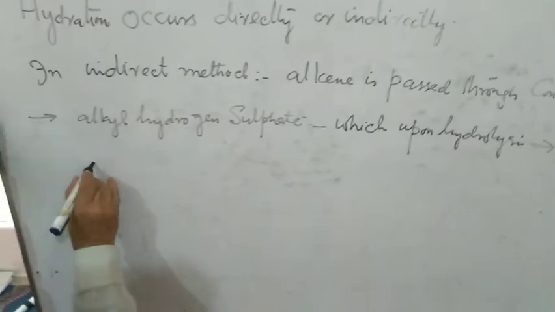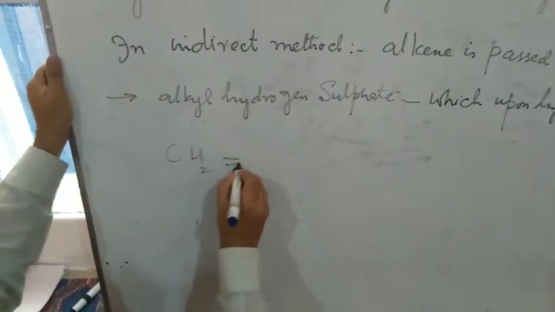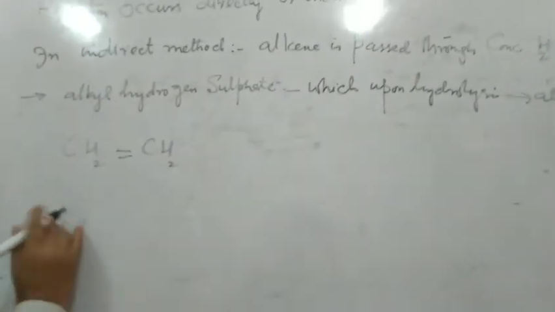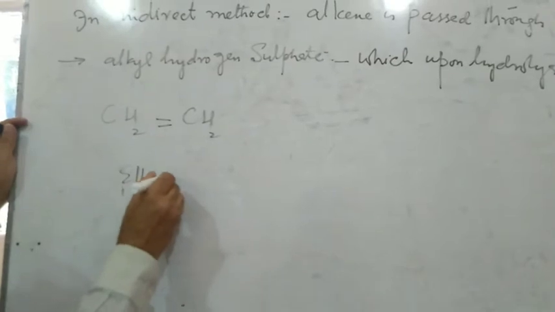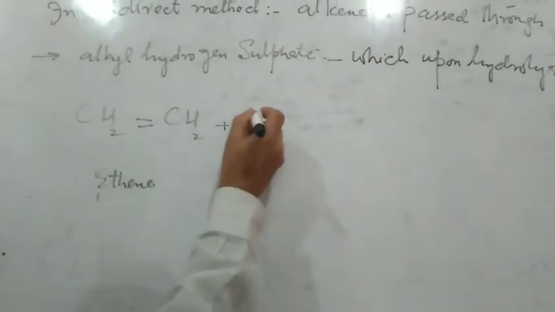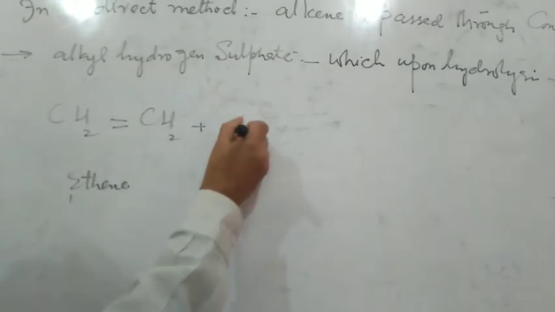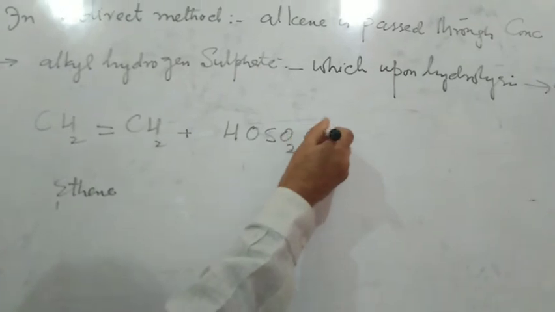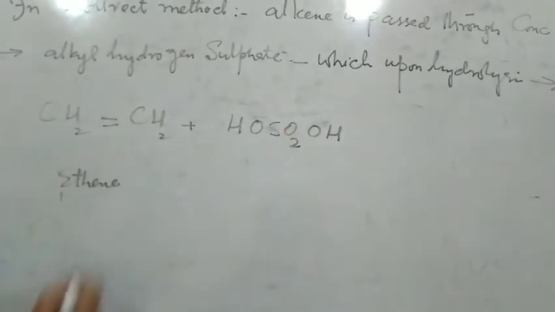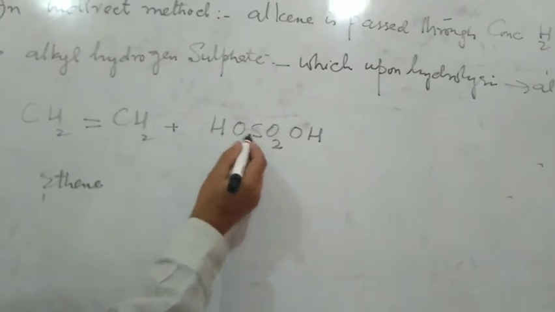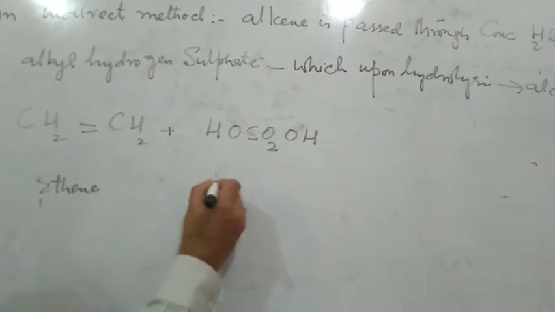For example, this is ethene, ethene molecule मैंने लिया प्लस, this I have written sulfuric acid is here, HOSO2OH, it is sulfuric acid.